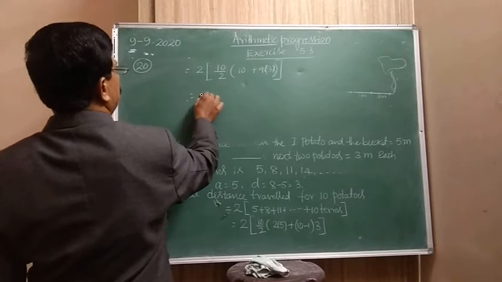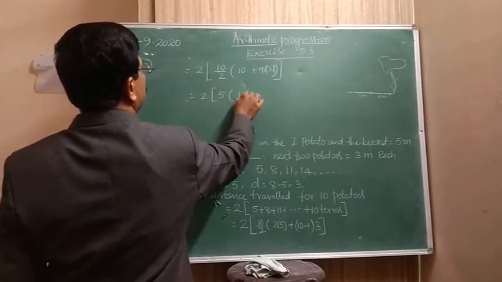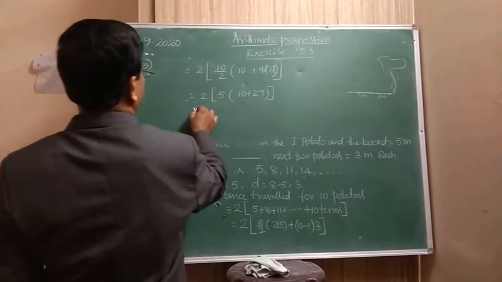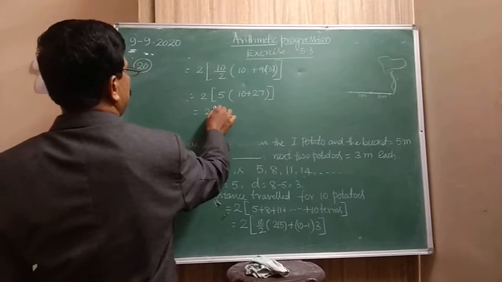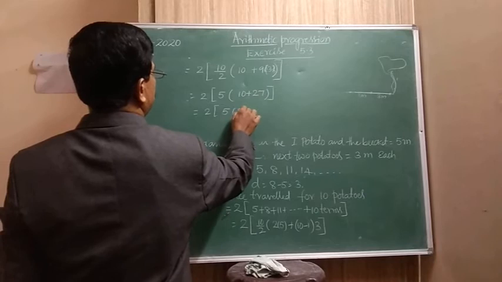That is equal to 2 into 5 into 10 plus 27, which is 2 into 5 into 37.